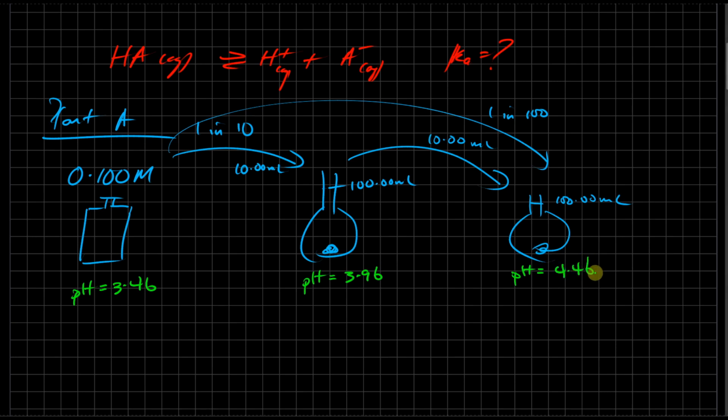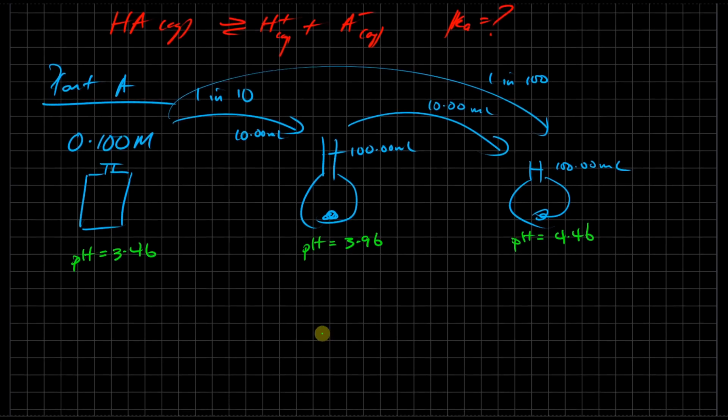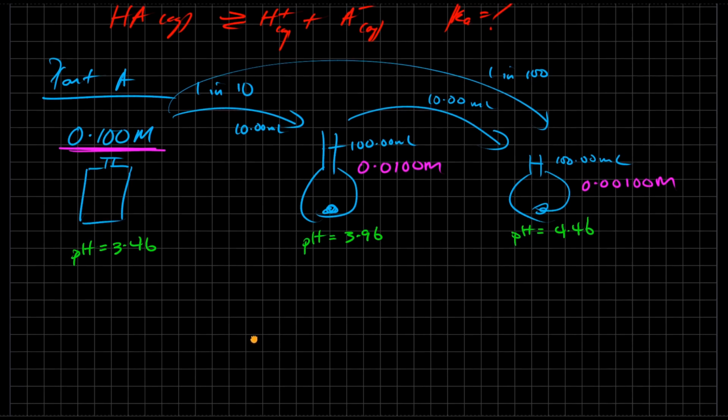How can we use that information to find the Ka of this acid? And just as an FYI, if this stock concentration was 0.100, a 1 in 10 dilution would be 0.0100 molar, and a 1 in 100 dilution would be 0.00100 molar. Okay, how do we use the pH of these diluted solutions to find the Ka of the acid?